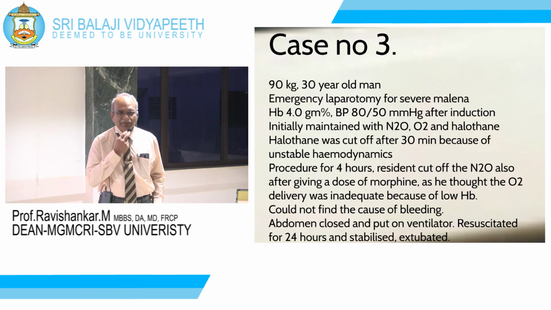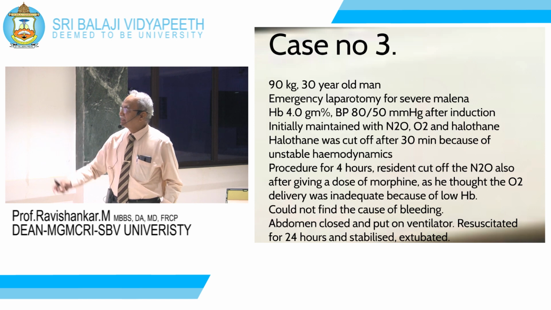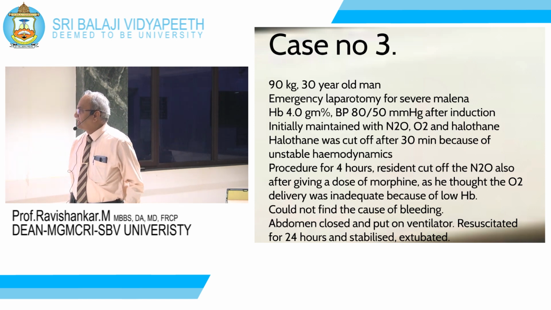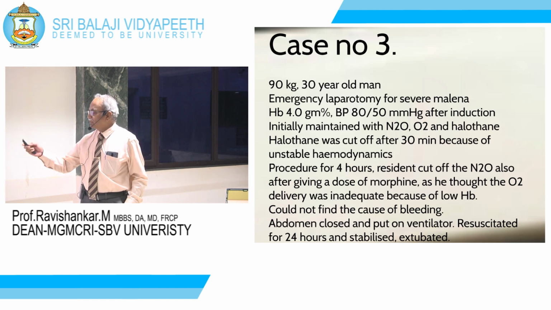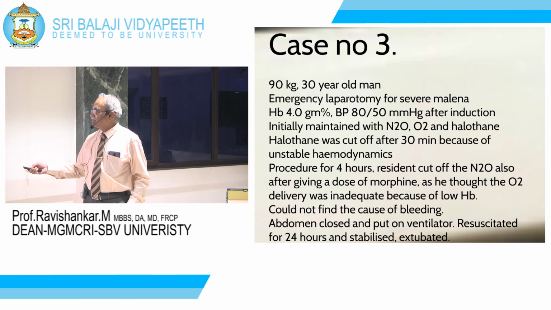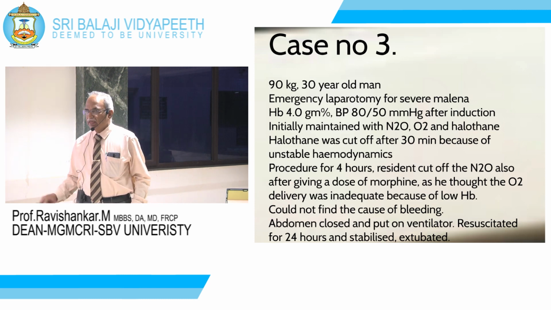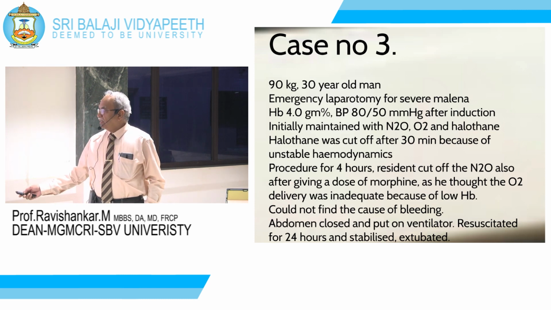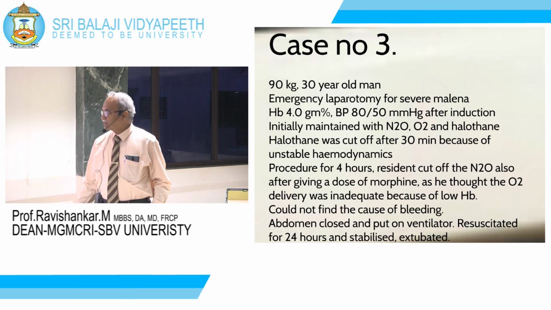Now, case number 3. A 90 kg, 30-year-old man, emergency laparotomy for severe melena. Hemoglobin was 4 grams, BP was 80/50. After the induction, initially maintained with gas, oxygen and halothane. The halothane was cut off after 30 minutes because of unstable hemodynamics.